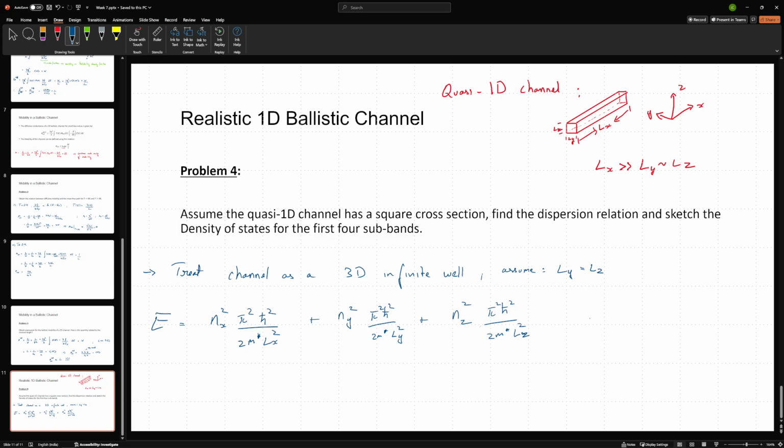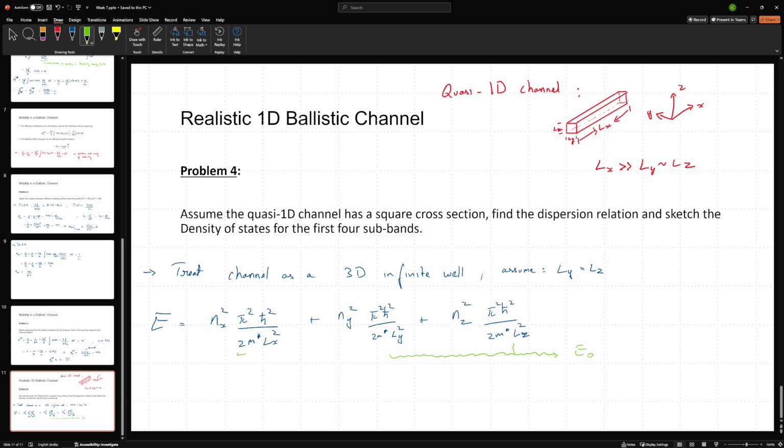Now I know these two are equal, so let me call these two quantities ED.